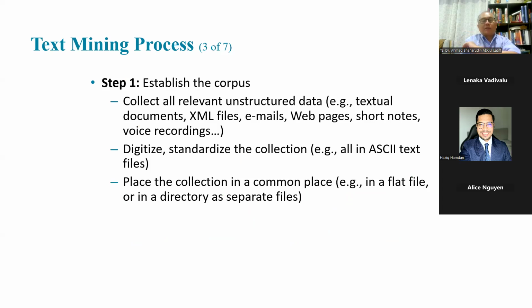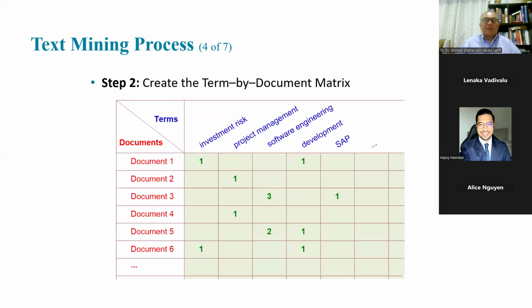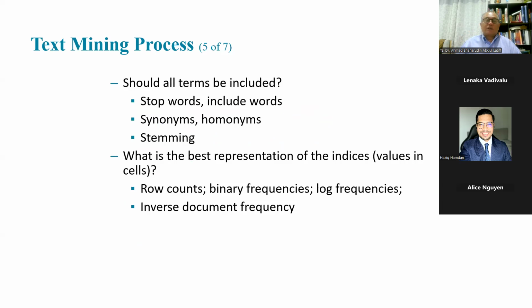So establishing the corpus means we collect all the relevant unstructured data, digitize and standardize the collection, and place it into a common place. Then we create the term by document matrix, and we remove the stop words, look into homonyms and synonyms, and do stemming, so that you can combine derivative words back to their stem words or root words.